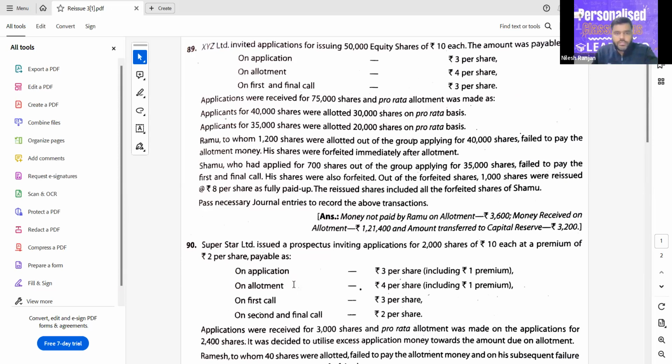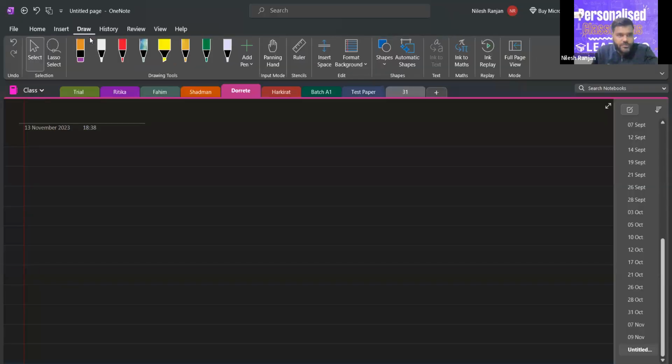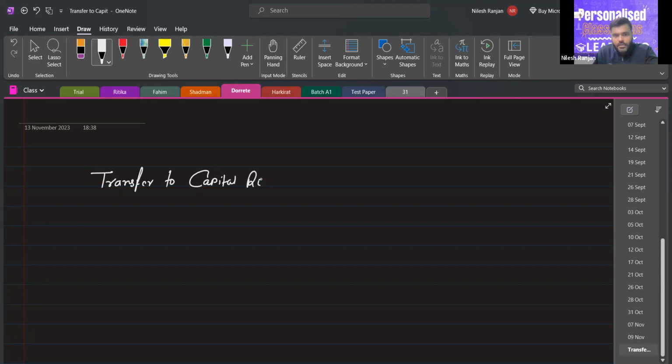So in this question, we have to calculate the amount transferred to capital reserve. First of all, transfer to capital reserve equals the amount forfeited, divided by the number of shares forfeited, into the number of shares reissued, minus discount.